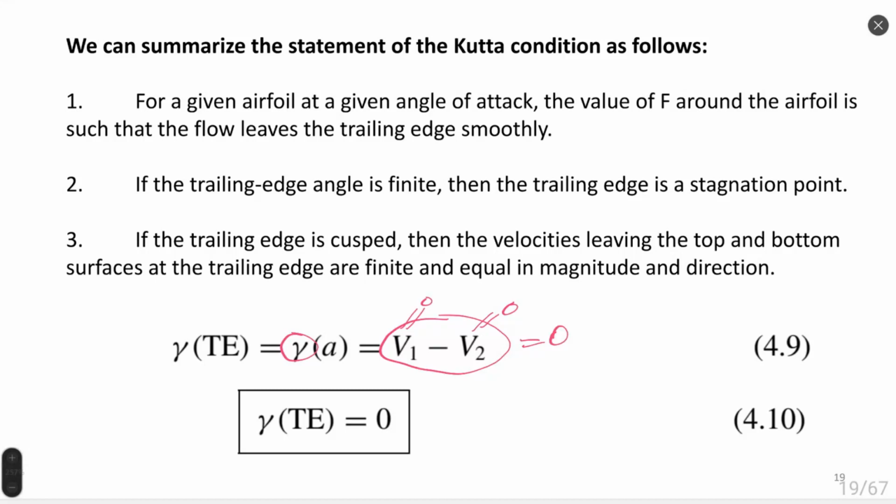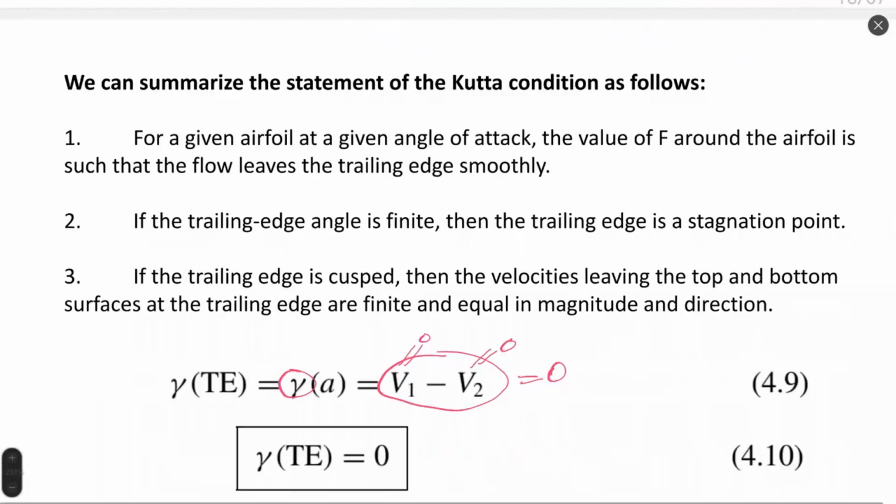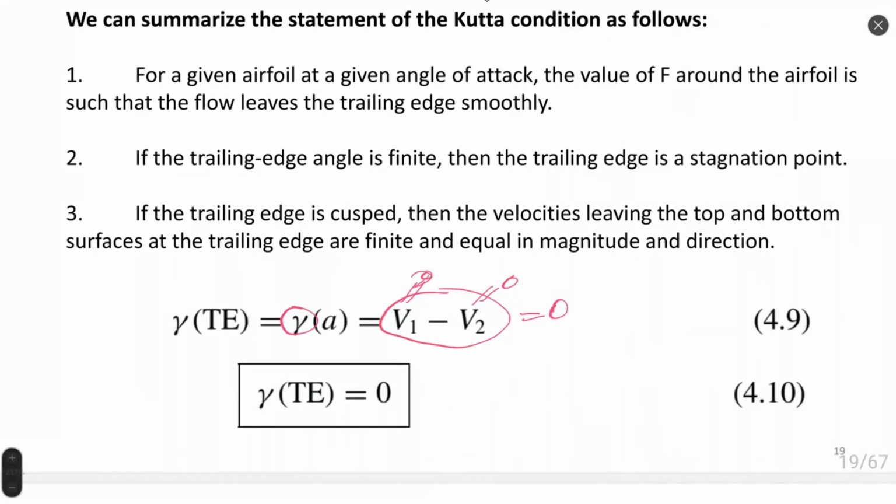And in case of B, cusped angle, since this V1 is exactly same as V2, difference between them also will be equal to 0. And gamma will be also equal to 0. So in any case of any angle at the trailing edge of body, strength of vortex on the trailing edge, gamma TE, will be always equal to 0.